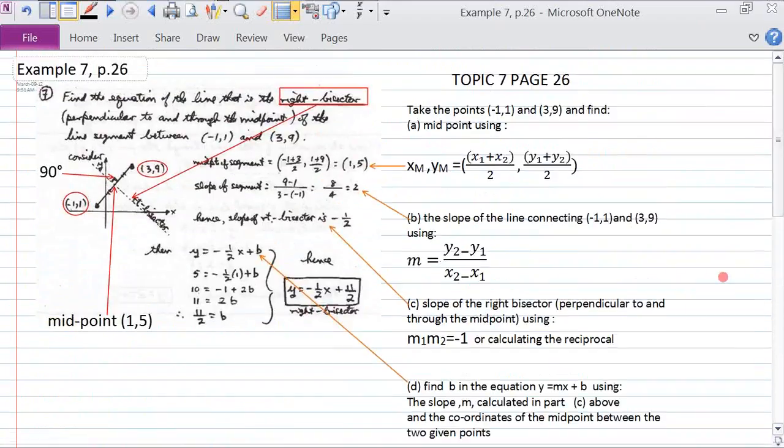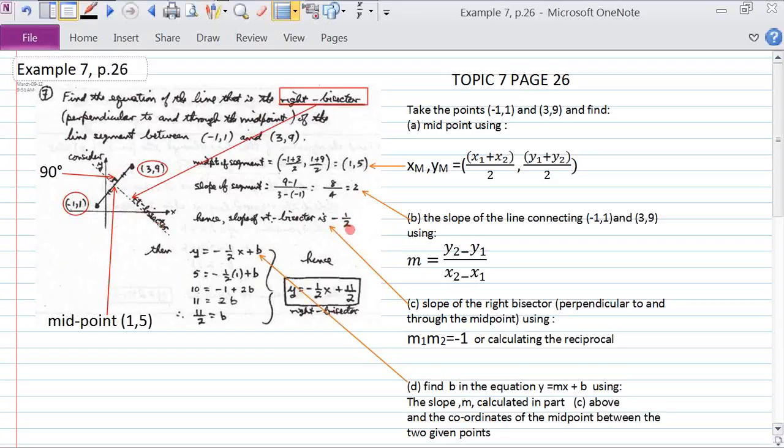So let's go through this again. We know there's a line segment joining these two points. We first calculate where the midpoint is. That's (1, 5). Then we calculate the slope of this line, and we find it's 2. We now know that the right bisector has a slope of 1/2.